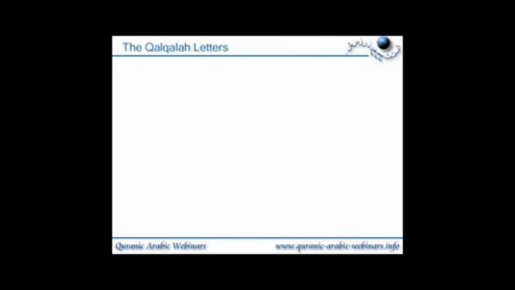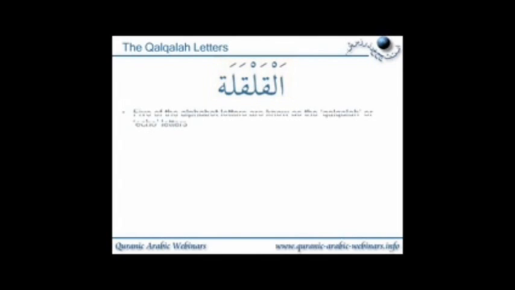Now the qalqala letters, and this is it written in Arabic, so it's al qalqala, and the sukun in this actual writing is the computer font, i.e. round circles. So five of the alphabet letters are known as the qalqala letters, and in English we normally just call them the echo letters.